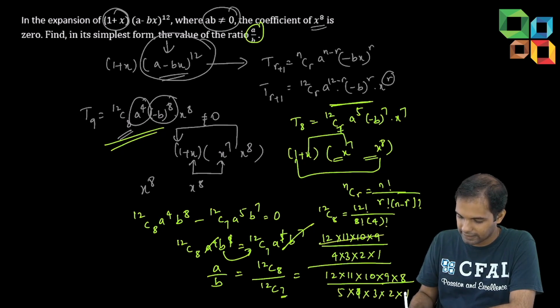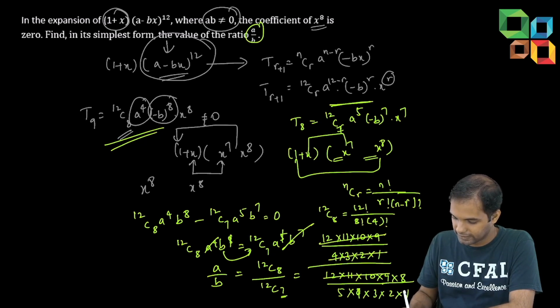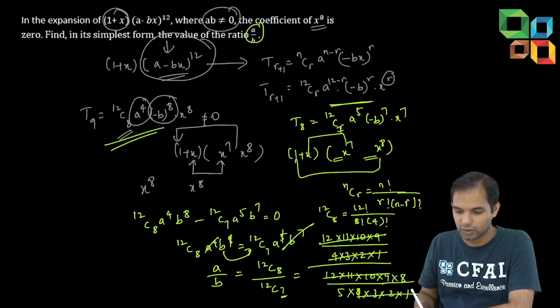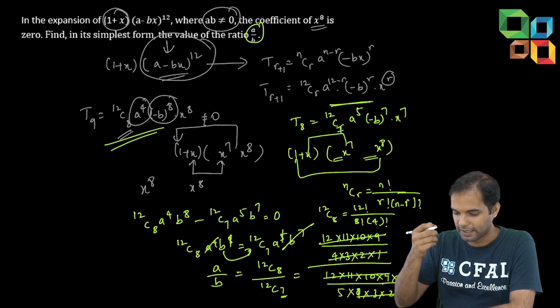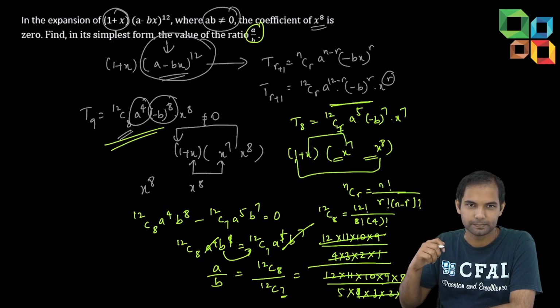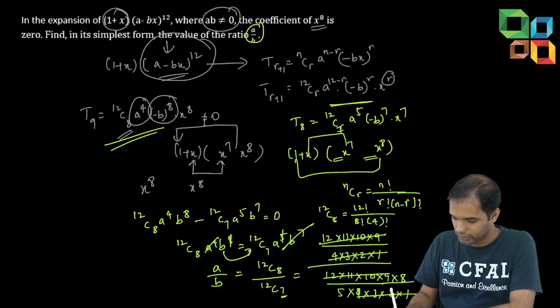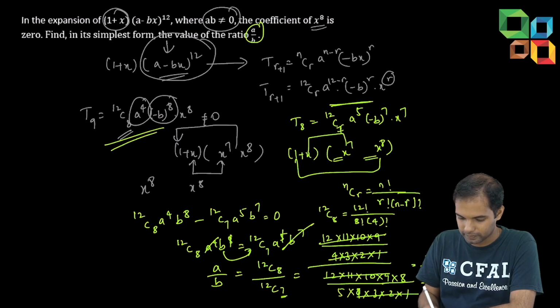Now instead of cancelling, I can cancel this entire thing here. Easy to cancel: 4, 3, 2. What it means? 1 by 8 by 5, or is equal to 5 by 8. So A by B is nothing but 5 by 8.